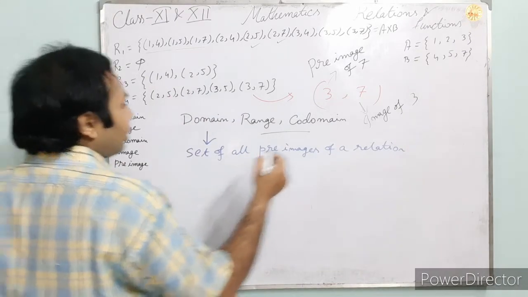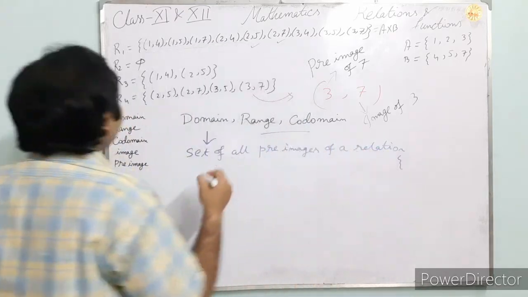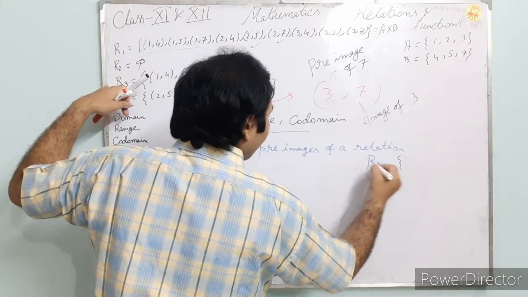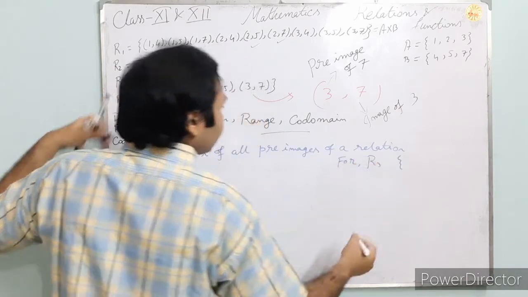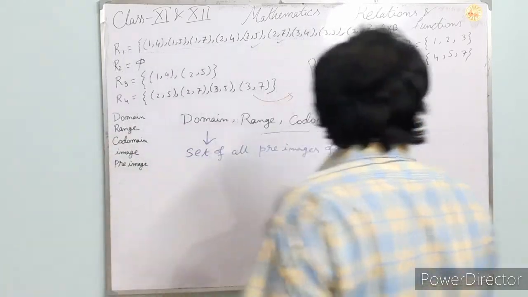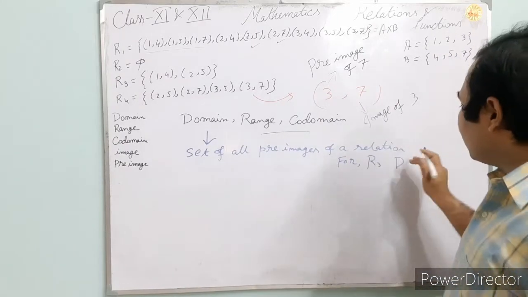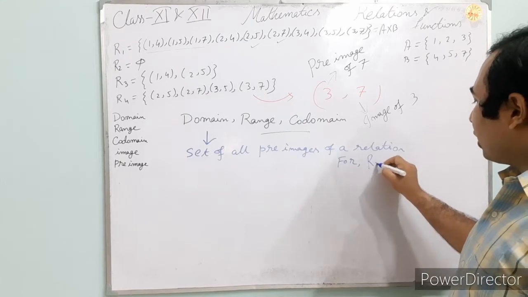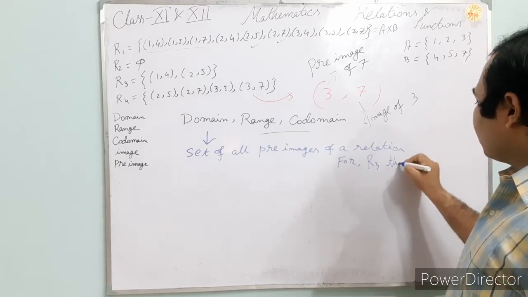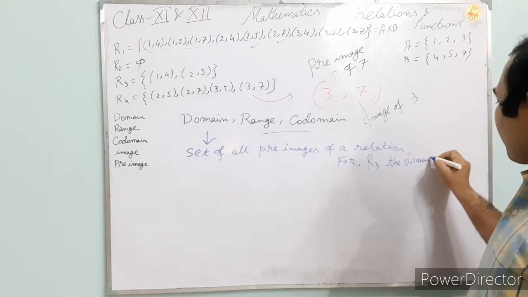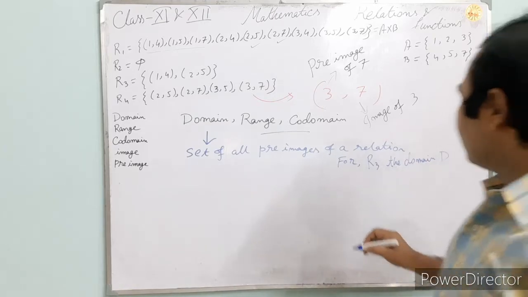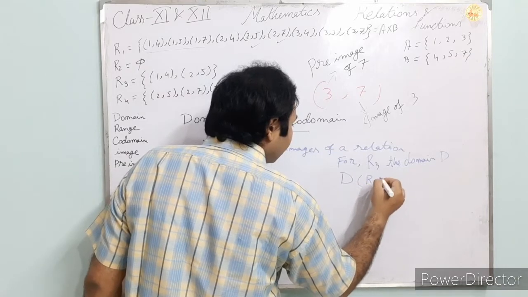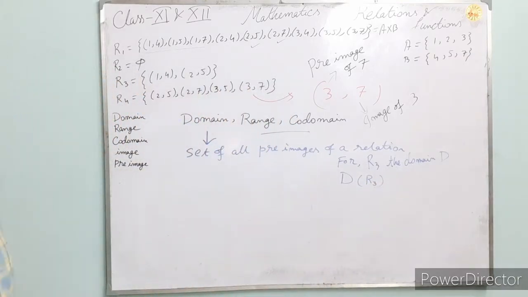That means here, if we take R3, for R3 the domain will be D. It is denoted as D of R3, that is the domain of R3.